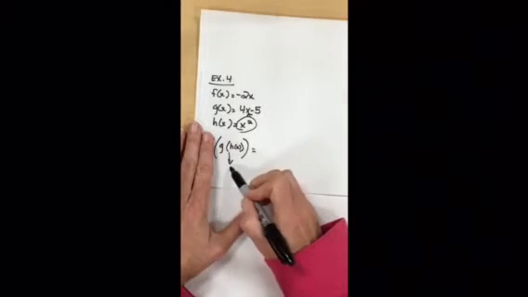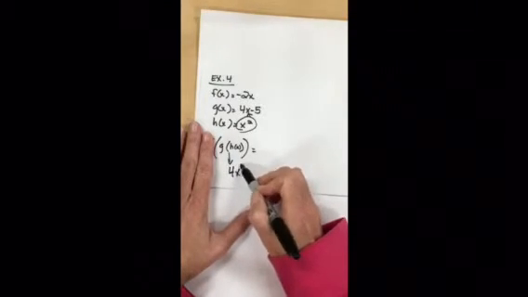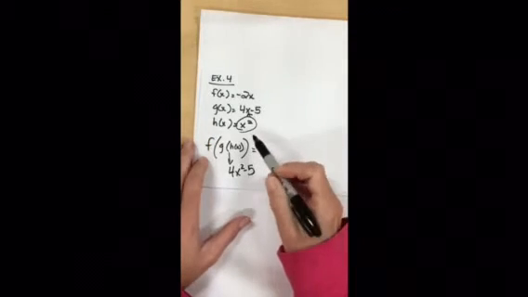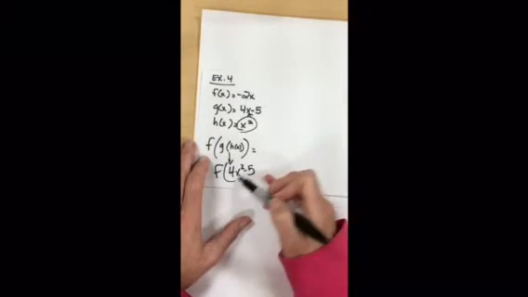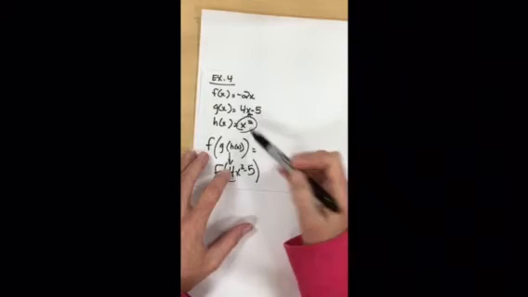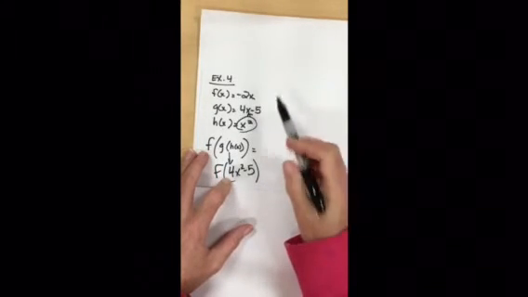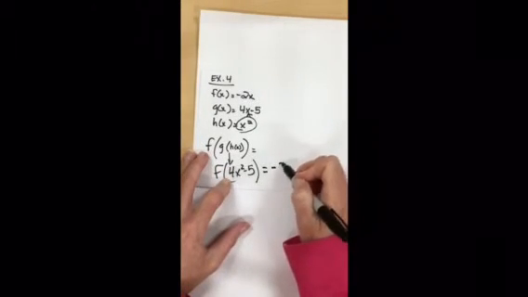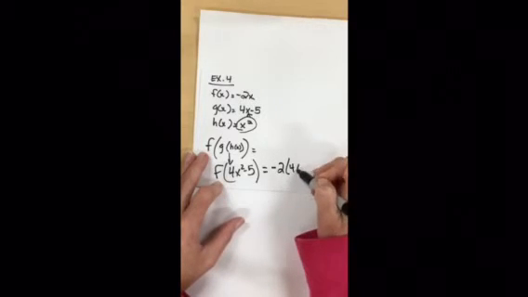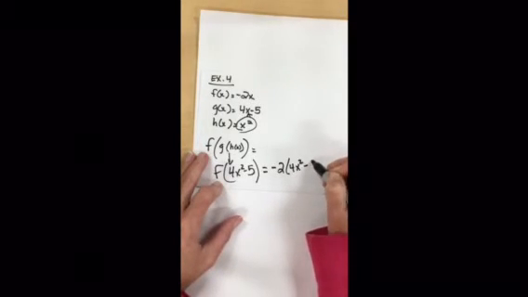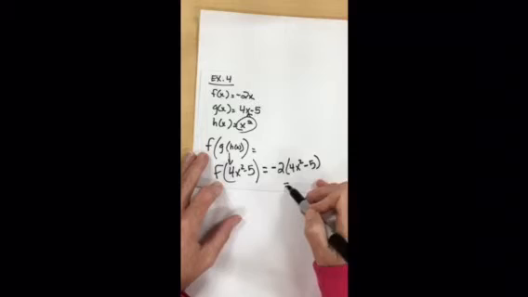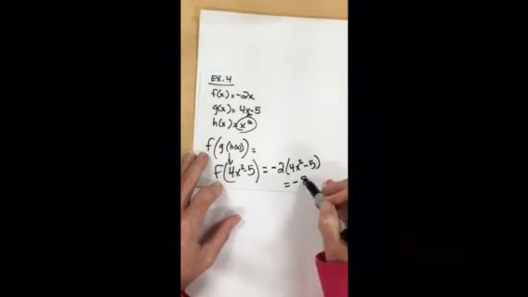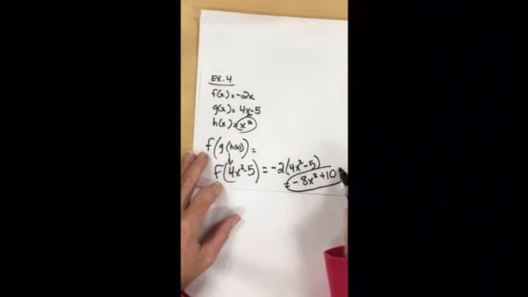So this is just going to be 4x squared minus 5. So now we want to find f of 4x squared minus 5, and we put this in for the x in f of x. So it's negative 2 times 4x squared minus 5, and that equals negative 8x squared plus 10. And that is your answer.